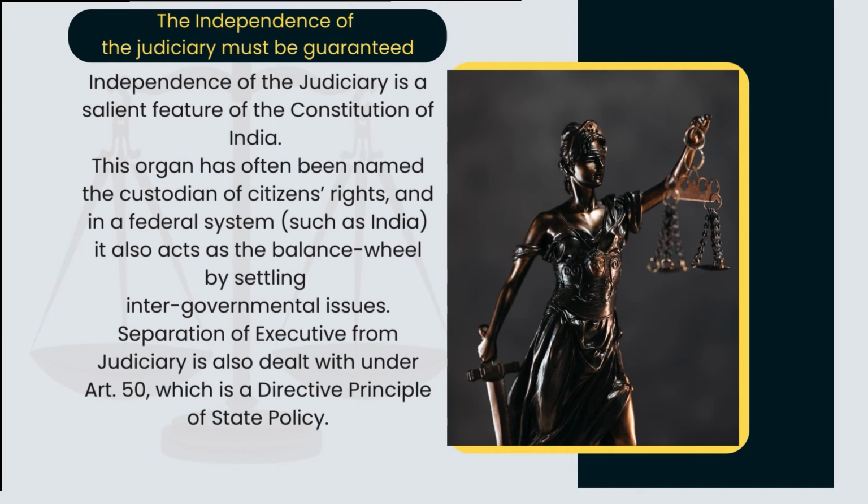This organ has often been named the custodian of the citizens' rights, and in a federal system such as India, it also acts as the balance wheel by settling intergovernmental issues. Separation of executive from the judiciary is also dealt with in Article 50, which is a directive principle of state policy.